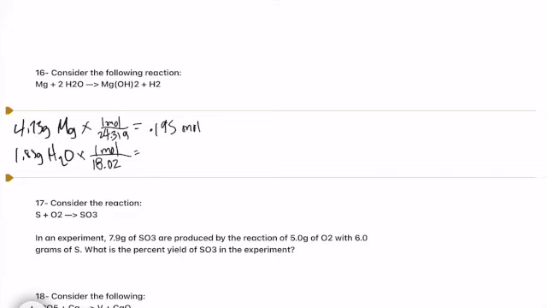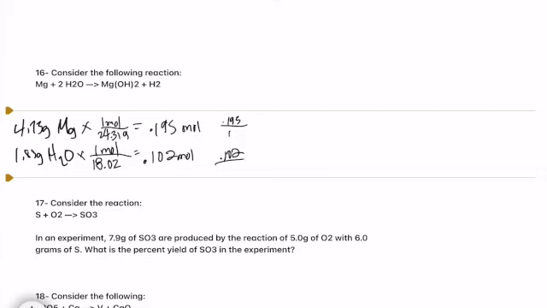We have 0.195 moles of magnesium. We have 0.102 moles of H2O. And so now we need to consider our molar ratios.